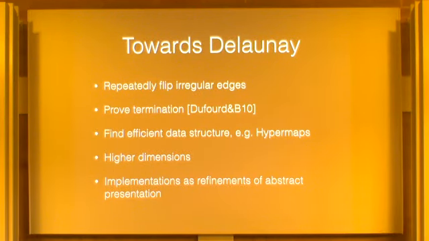So the question of taking an arbitrary triangulation and making it a Delaunay triangulation was already studied in a paper by Dufour and myself in 2010, which was presented in Edinburgh. And it had a nice question about proving termination, which comes down to using the fact that the data is finite.